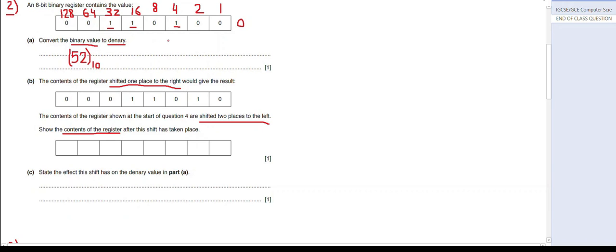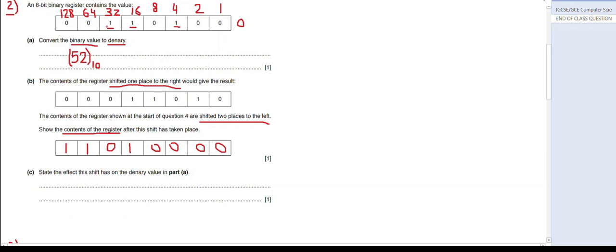0 0 1 1 0 1 0 1. Now every bit is shifted two places to the left, right? So what will it show? This will be 1 1 0 1 0 0 0 0, right?